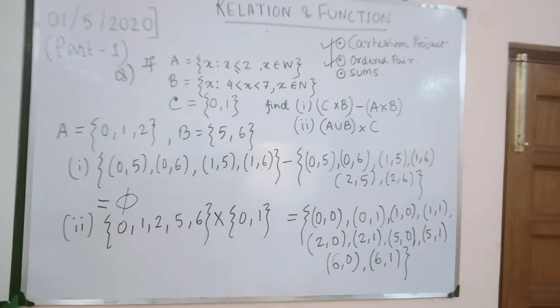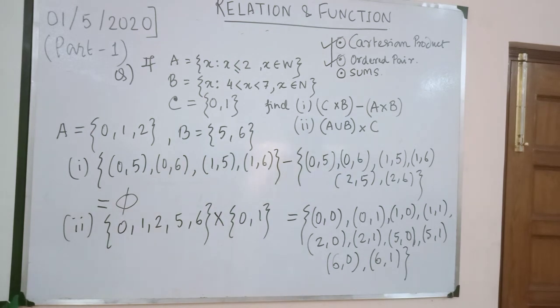Okay, so this is the complete sum. So you get how many elements? 10 elements. So thank you. These are the basic sums we have seen for the Cartesian product. Next time we will start with the relation topic.